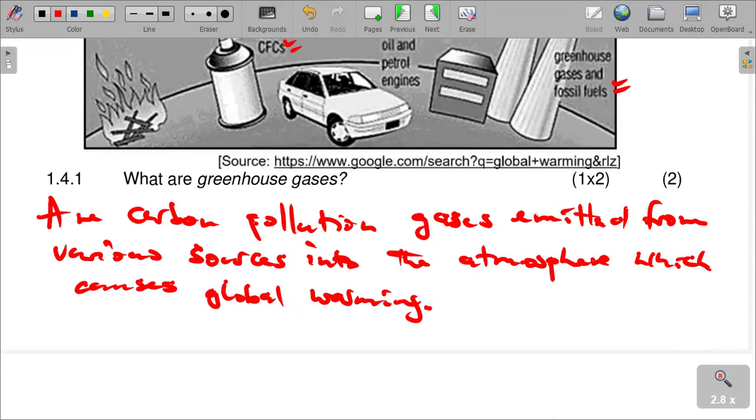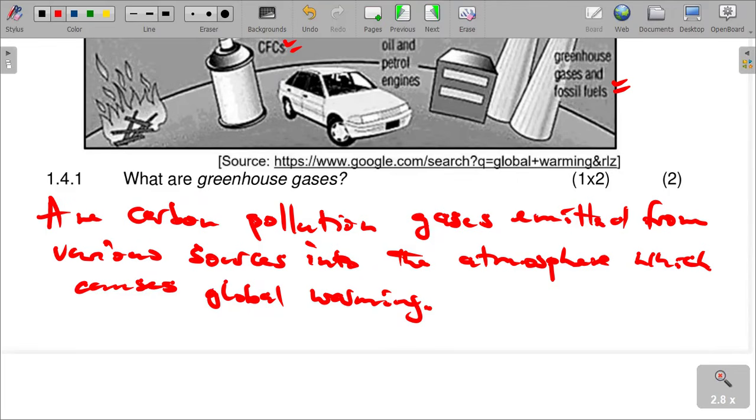So greenhouse gases are carbon gases that are emitted in the atmosphere. They are pollution gases emitted from various sources. They cause global warming, or they can result in climate change.